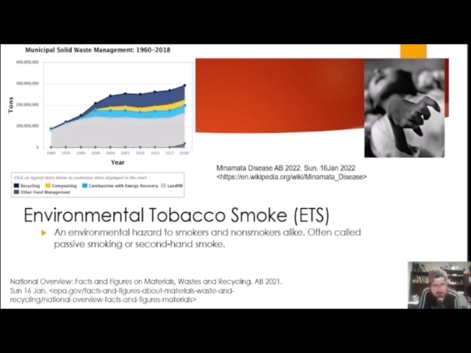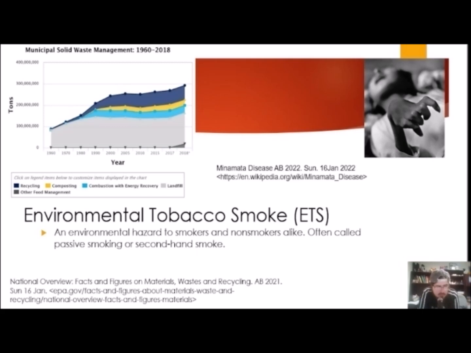Basically, metallic mercury sulfates were being dumped by the Chisso Corporation upstream from Minamata. And then as this traveled to the bay, it was converted to organic mercury, methyl mercury, by the bacteria in the sediment.